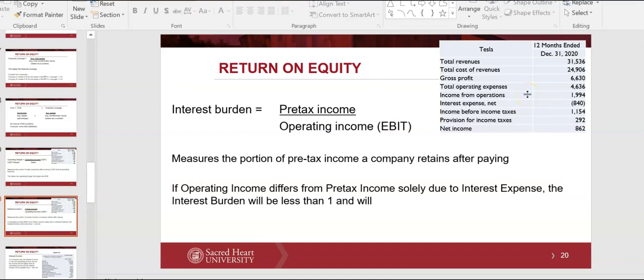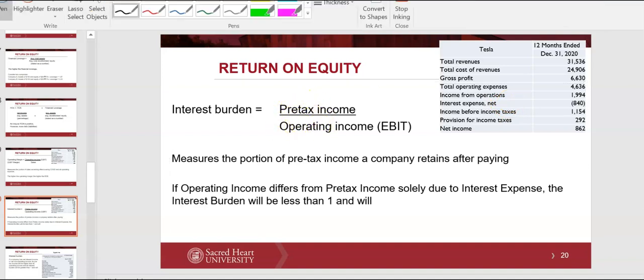What else do we see here on this income statement? After operating income, the next item that we see is net interest expense. Now notice in this formula for interest burden, we don't see anything about interest expense. You see interest expense here, but not in this formula. What's in our interest burden formula? We have pre-tax income, which is the same as income before taxes, and we're comparing that to operating income.